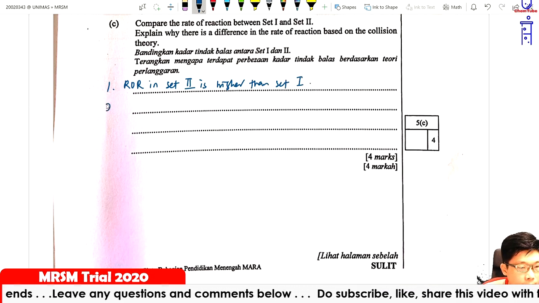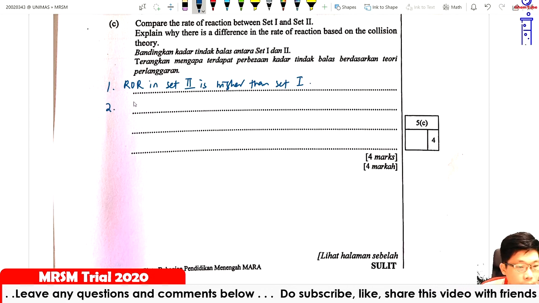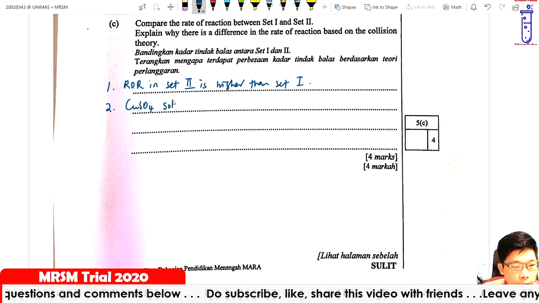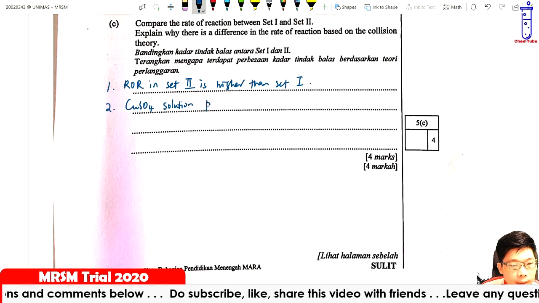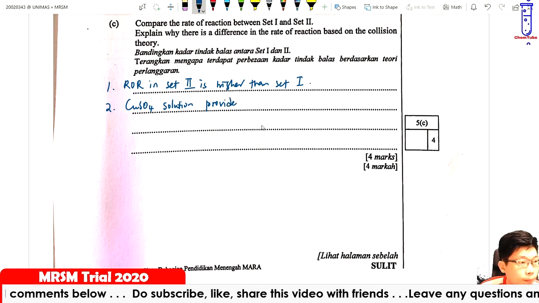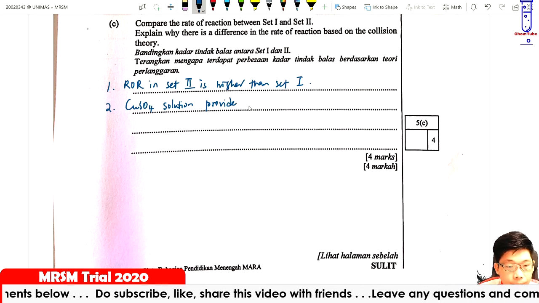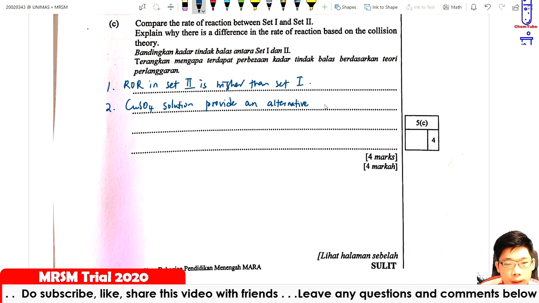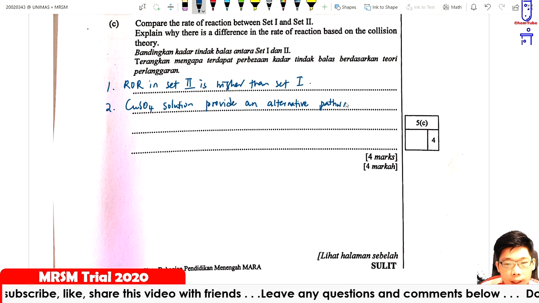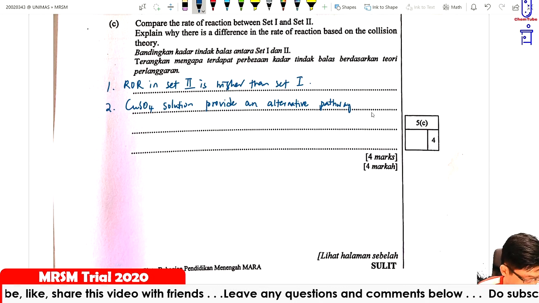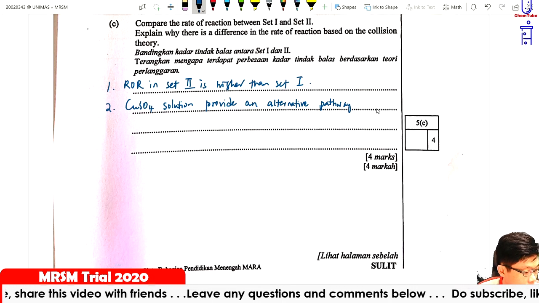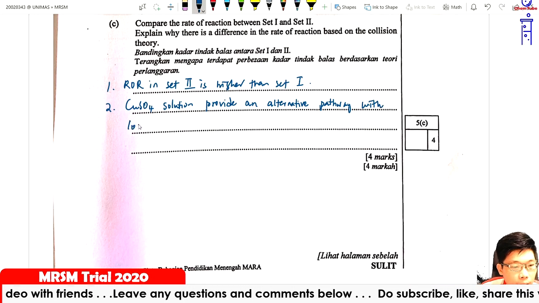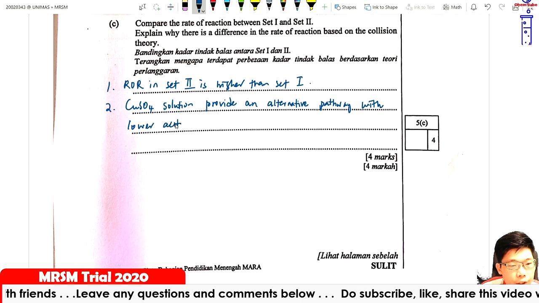Point number 2, copper(II) sulfate solution is a catalyst, it provides an alternative pathway with lower activation energy.